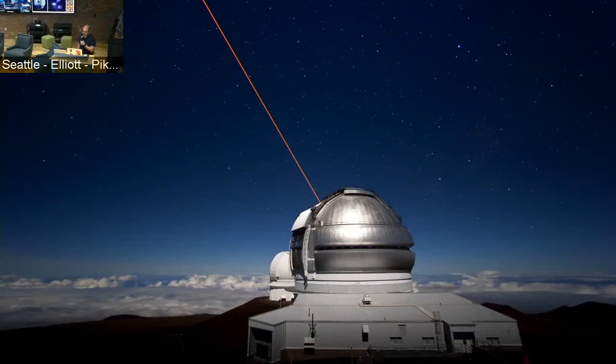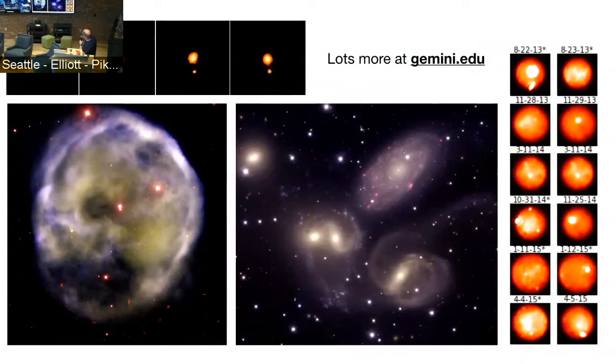So a few more pretty pictures just to show the kind of stuff we do. The kind of spooky looking thing on the left is the Skull Nebula. It looks kind of like a skull with glowing eyes, which I think is kind of cool. The galaxies there are called Stefan's Quintet. It's five galaxies. Up at the top, that is Pluto, and the little dot is Charon, just taken at a few different points in time.